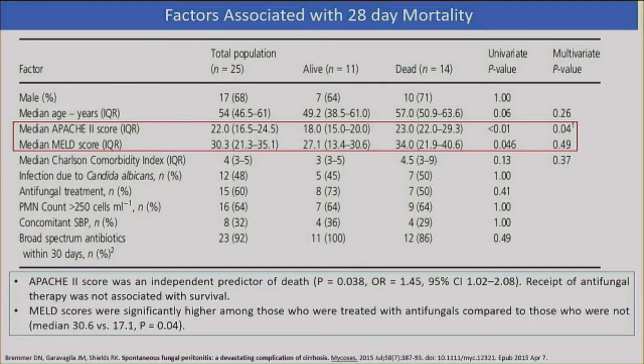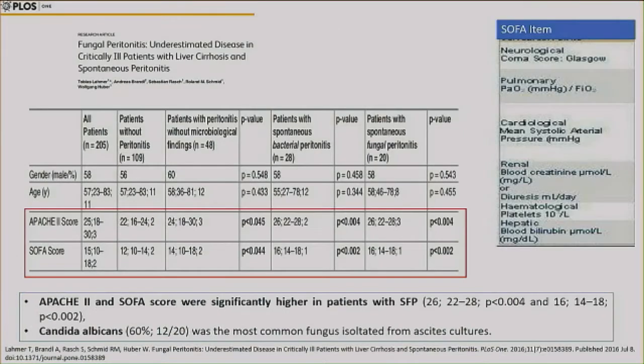Maybe the APACHE II score may be better compared to the MELD score in these patients. The APACHE II score can also be used together with the SOFA score. The SOFA score may be better than the APACHE II score for the prediction of mortality in patients with fungal infections.